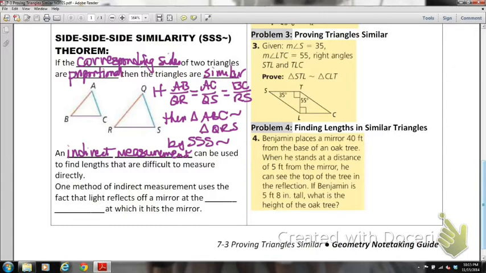So one method of indirect measurement uses the fact that light reflects off a mirror at the same angle at which it hits the mirror. So the last problem will work is going to use indirect measurement and the angle of reflection. You'll see how that works. Let's go over to problem 1 and look at using these postulates and theorems for similarity.